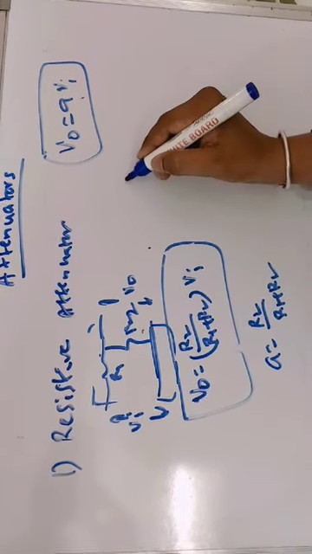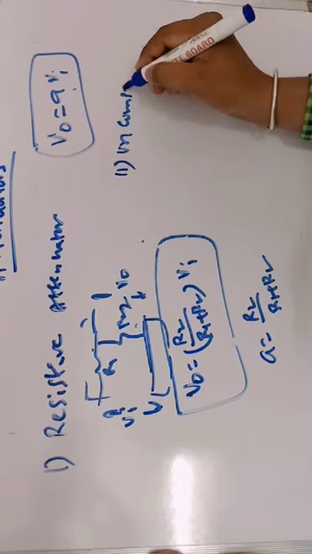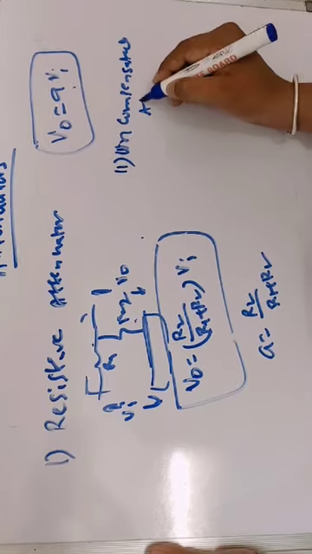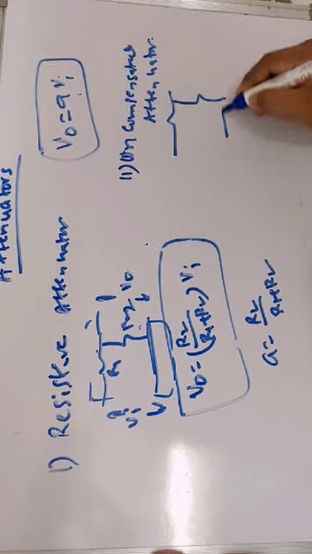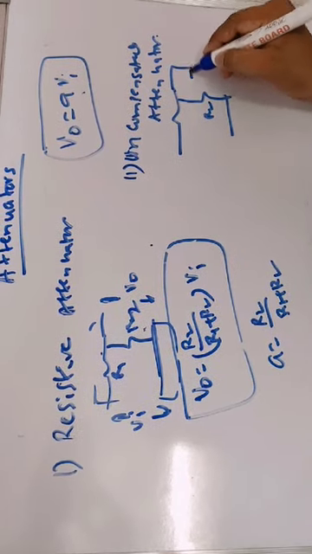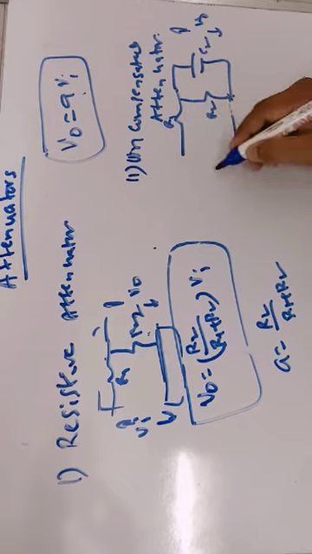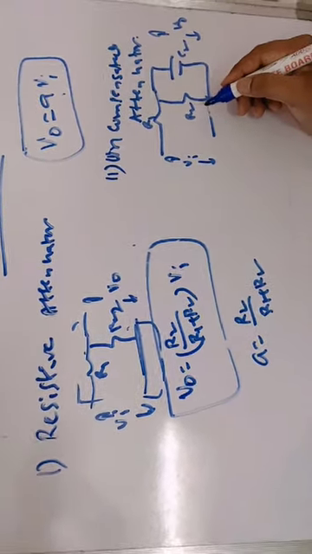That type of attenuator is called an uncompensated attenuator, in which the effect of stray capacitance is considered in parallel with the resistor R2.